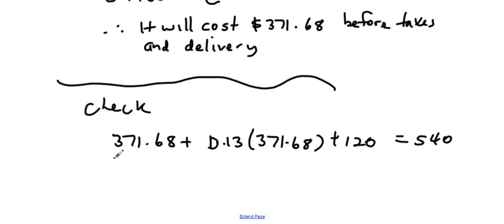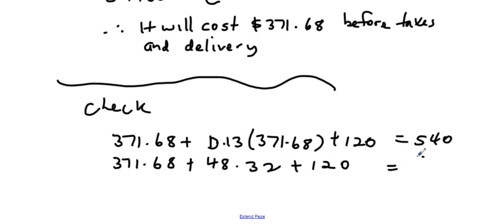So 371.68 plus 13% of 371.68 is $48.32 plus 120. Does that equal 540?